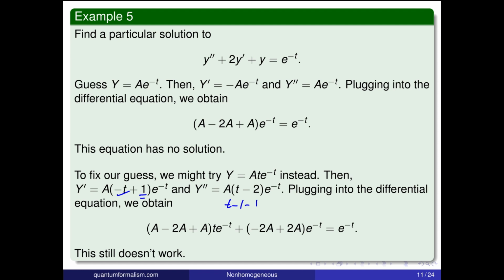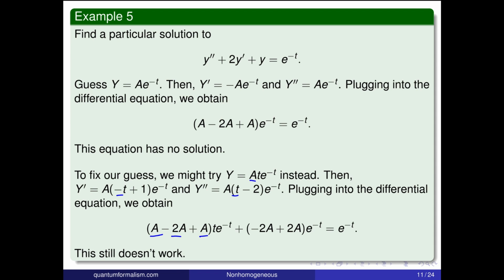All right, plugging everything in and collecting the t e to the minus t and constant times e to the minus t terms. For the t e to the minus t terms, we'll get 1 times a from the second derivative, minus 2 times a from the first derivative, and then a t e to the minus t from the function itself.